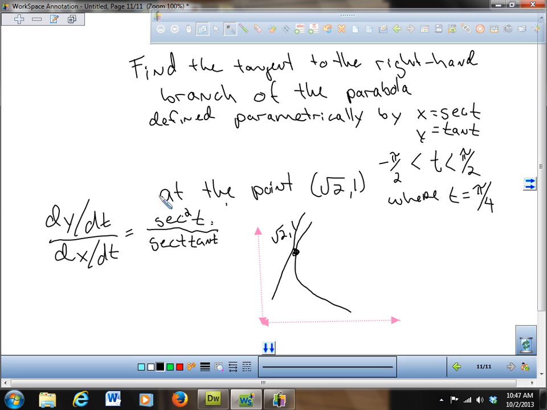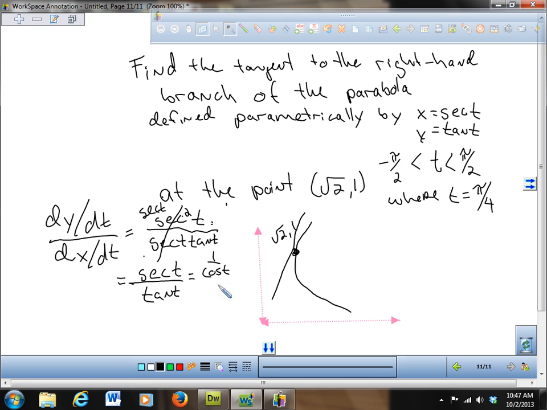Now, luckily this thing simplifies. Let's rewrite it with sines and cosines. Well, I could just cancel out one of these, right? So I get a secant t on the top, so that's equal to secant t over tangent t. How could I rewrite secant t? 1 over cosine t.